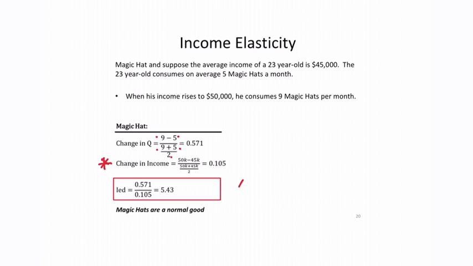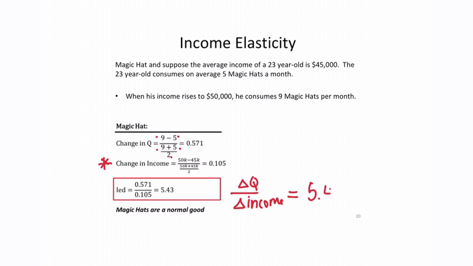We take the change in quantity divided by the change in the income, and this tells us that our income elasticity is 5.43. Since this is a positive number, this tells us that as the income rises, his demand is also rising.